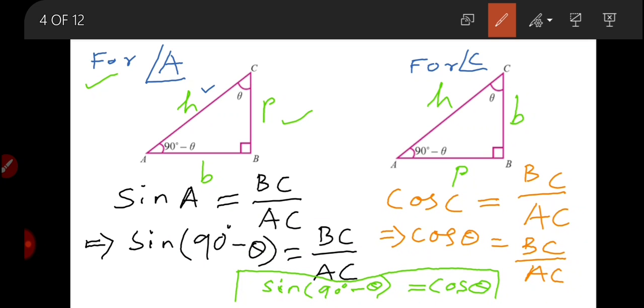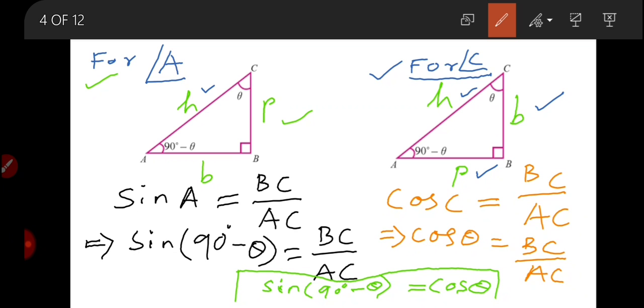Okay, for angle C, BC is your base, AC is your hypotenuse, and AB is your perpendicular P.